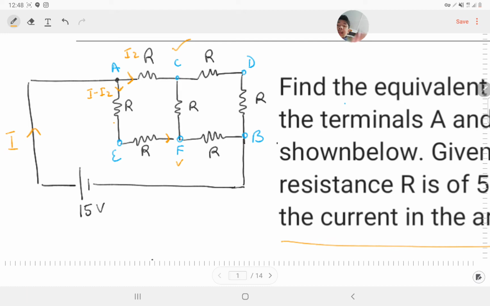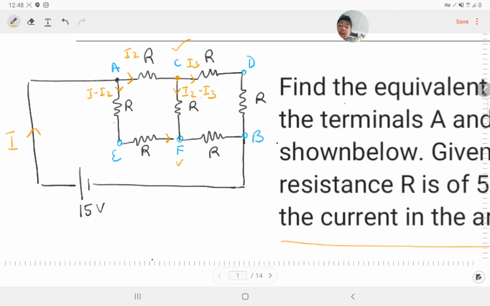I2 is traveling over here. Then again at junction C, I2 is going to break down into 2 parts. Let's say this is I3. So this current is going to be I2 minus I3.